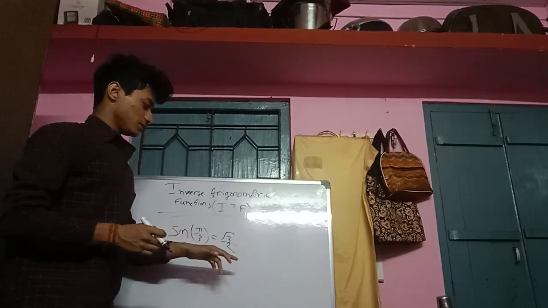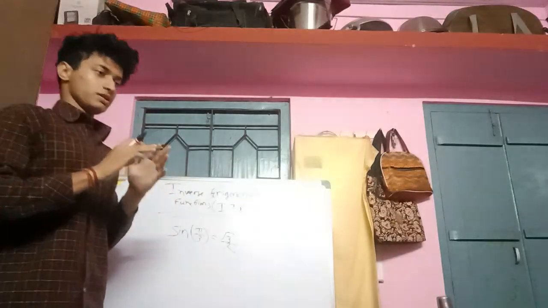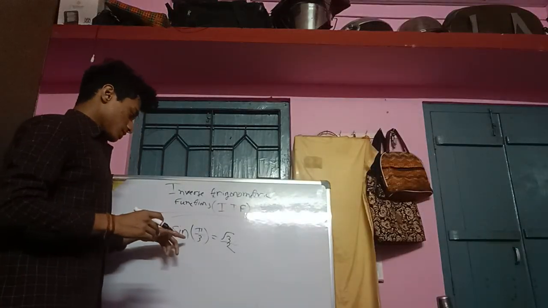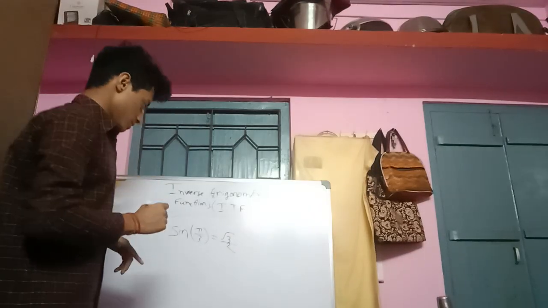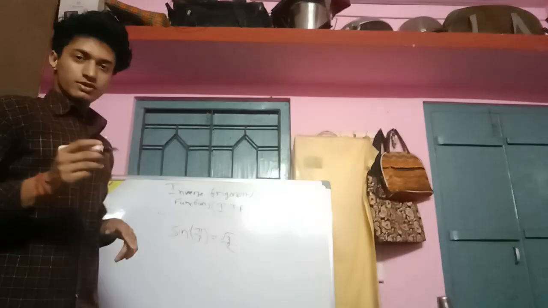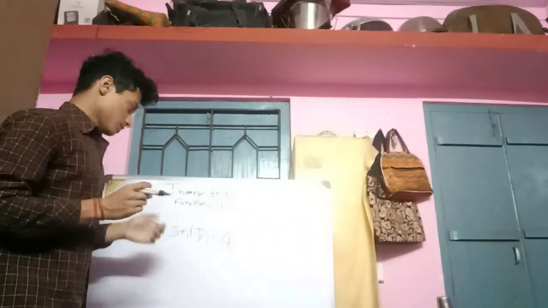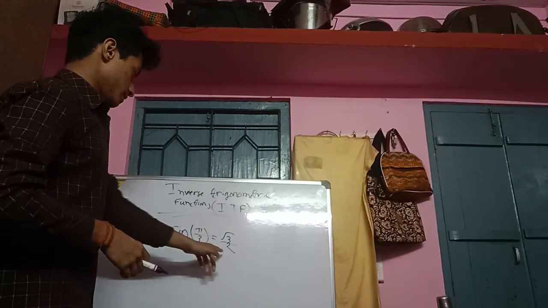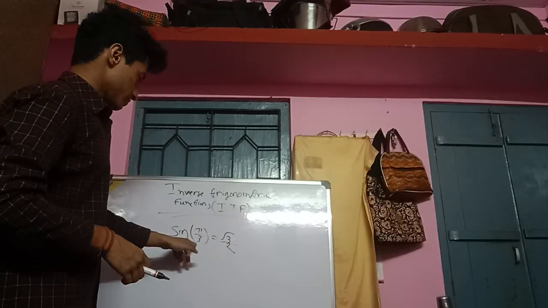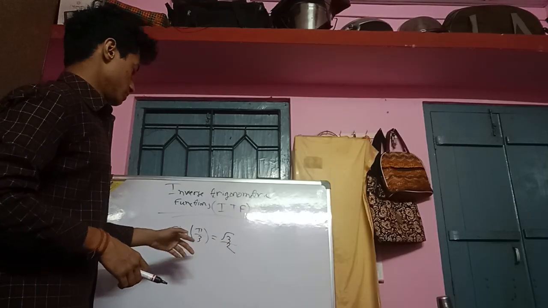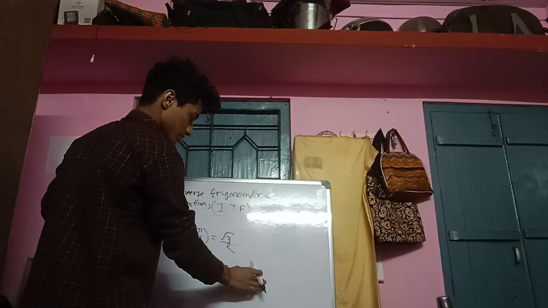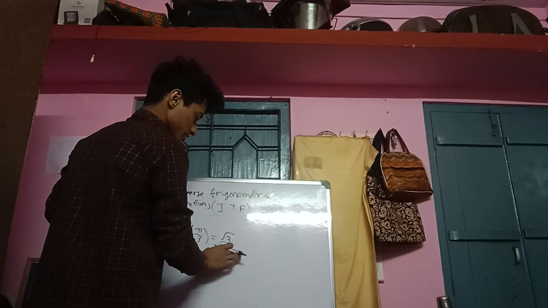And range is a list of outputs that functions can give us. The first two trigonometric functions, sine and cos, have a very interesting property that we're going to be talking about later in this video. But you guys right now know what a domain and a range of a function are. Domain is the list of inputs that a function can take, and range is a list of outputs that a function can give us.